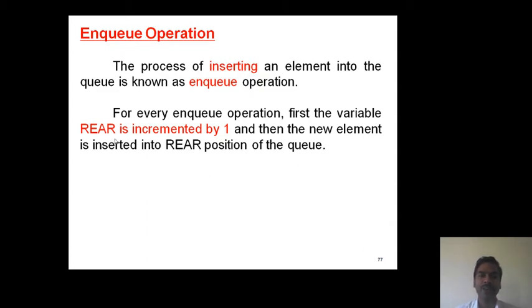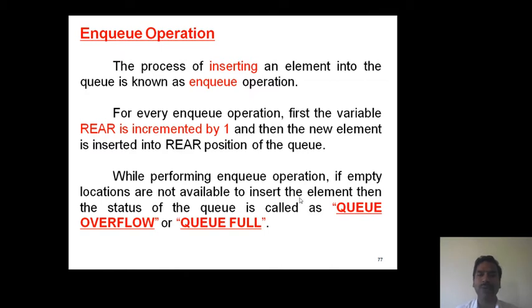So the rear end allows insertion operations. Hence, to apply the enqueue operation, first the rear end is incremented by 1 and then the new element is inserted into the rear position of the queue.